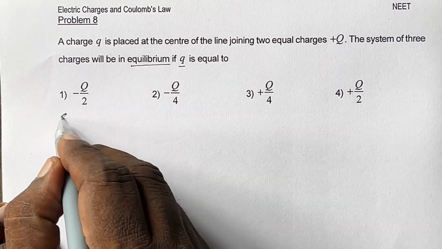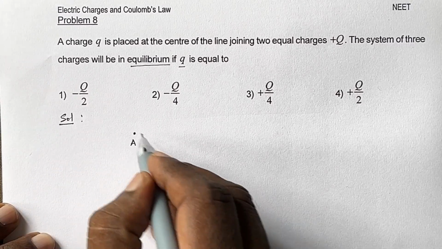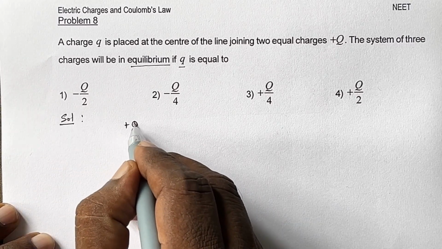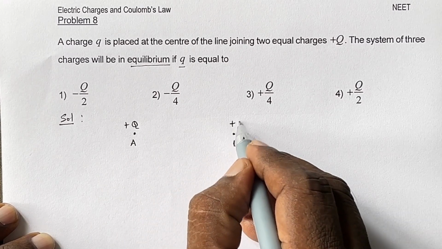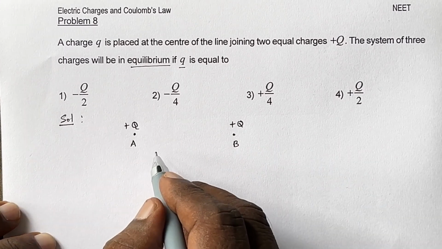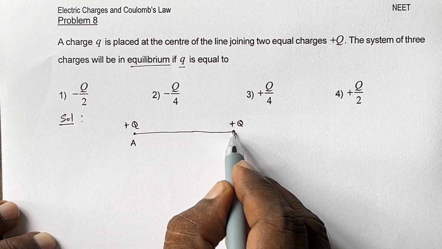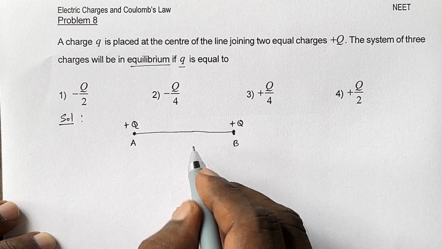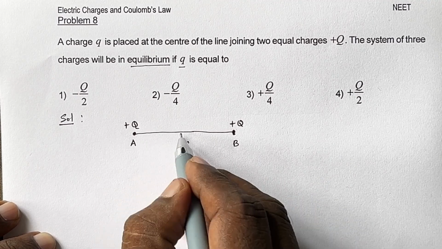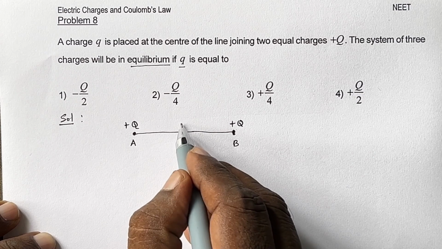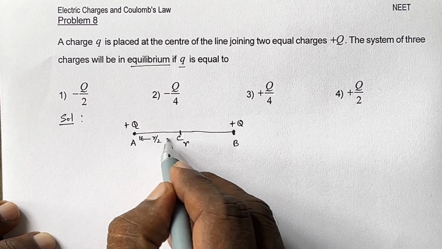So we are having one charge at A, that magnitude is plus Q, and one charge at B, that is plus Q. The distance between them, let us take, is r. Now at midpoint C, the distance is r by 2.